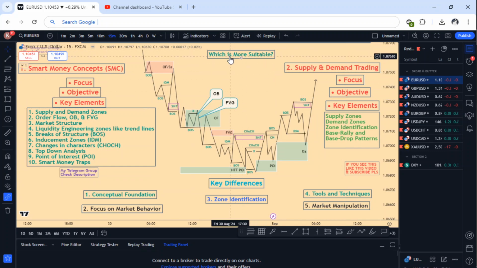So the bigger question is, which one is the most suitable for beginners? What I want you to know is that regardless of the trading style you choose, they are all derived from the simple principle of supply and demand, and this can be knowingly or unknowingly.